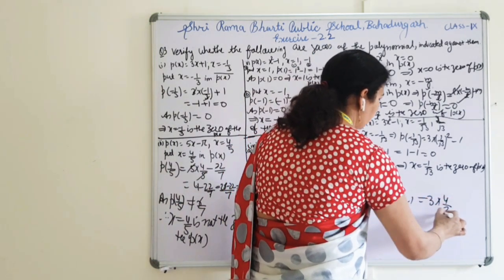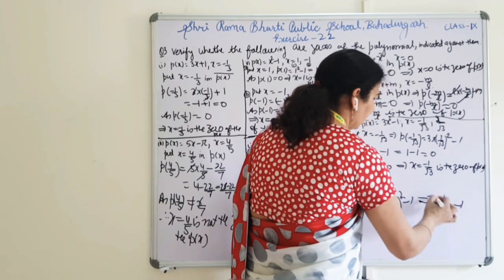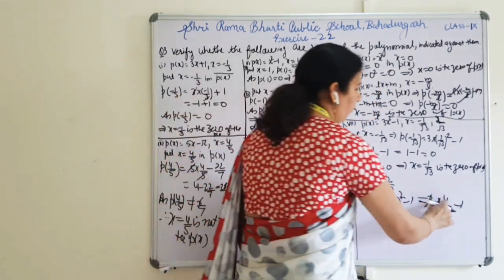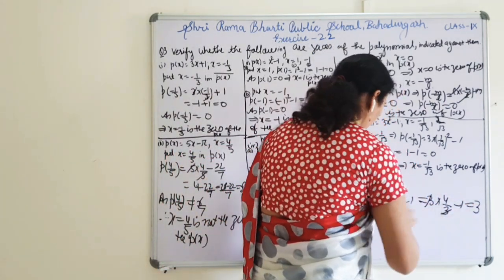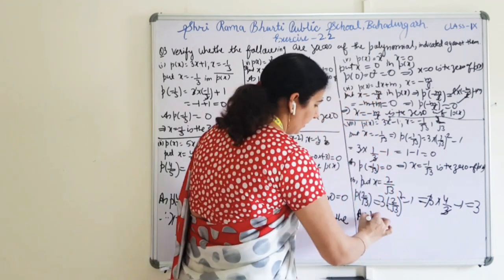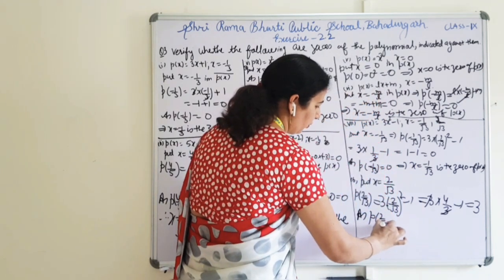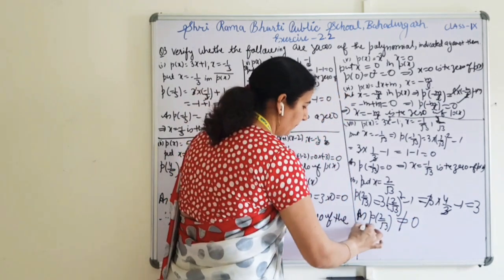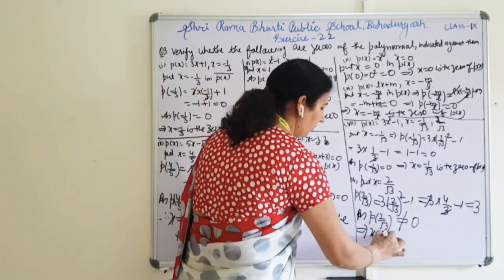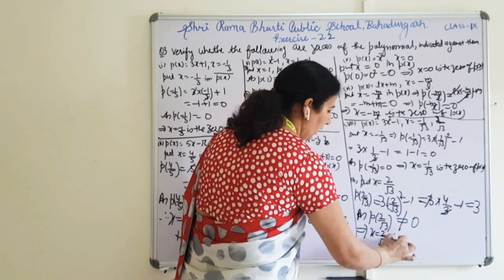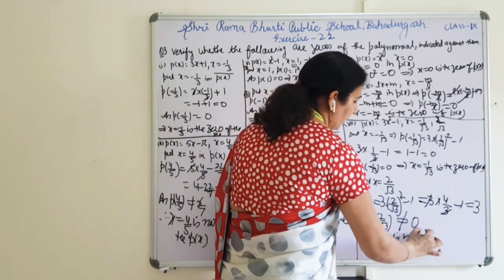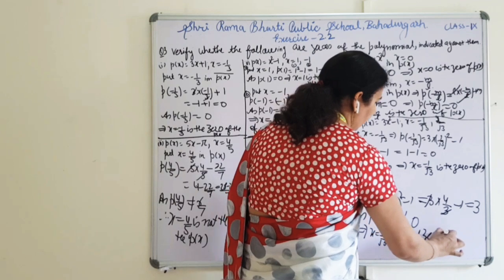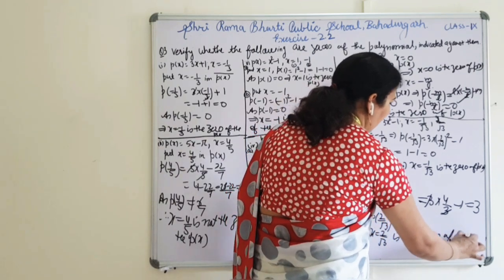Under root 3 square is 3 minus 1. 3 and 3 cancel. 4 minus 1 is 3. So as p(2/√3) is not equal to 0, this implies x is equal to 2/√3 is not the 0 of the polynomial p(x).